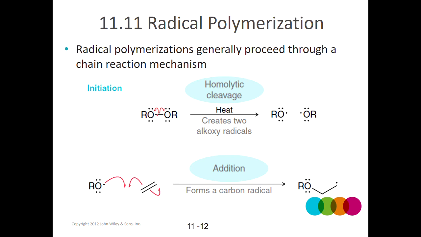This is usually initiated with homolytic cleavage. We used AIBN, a lot of us in the lab, which if you recall looks like this. What's nice about that is this carbon-nitrogen bond here can break homolytically to introduce one electron in here and the other onto that carbon.